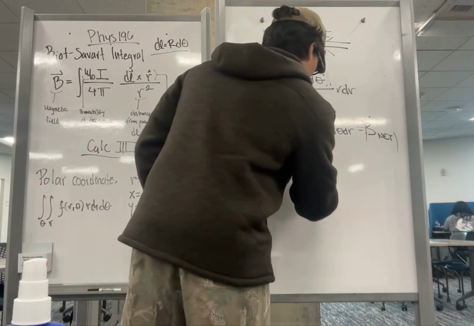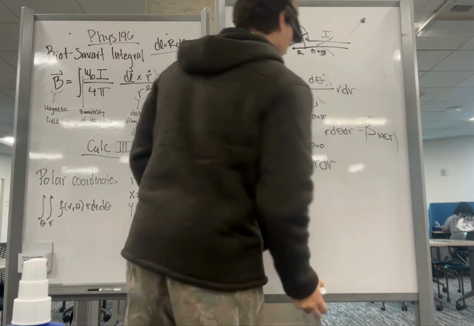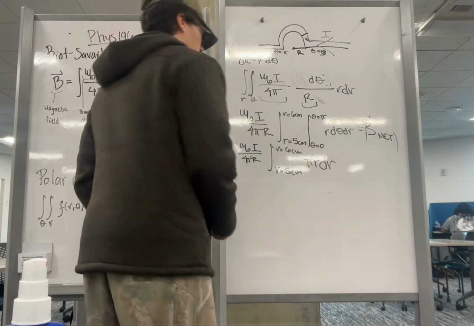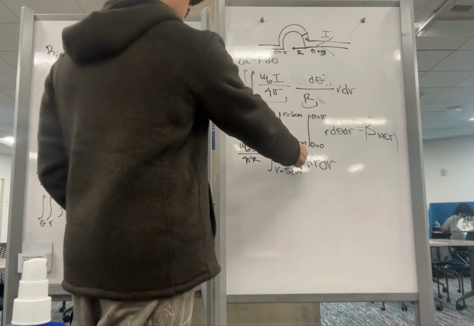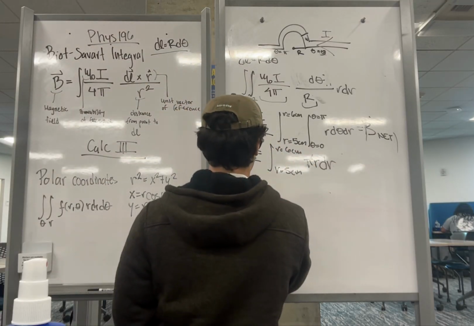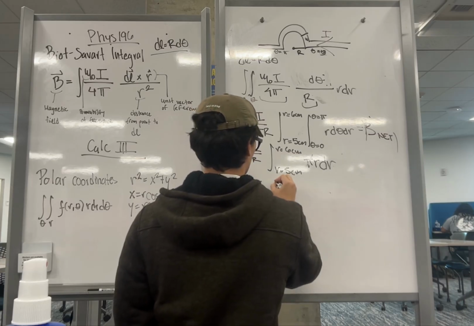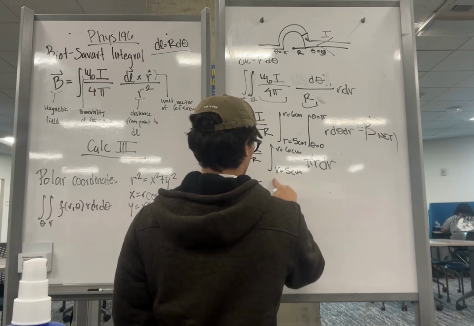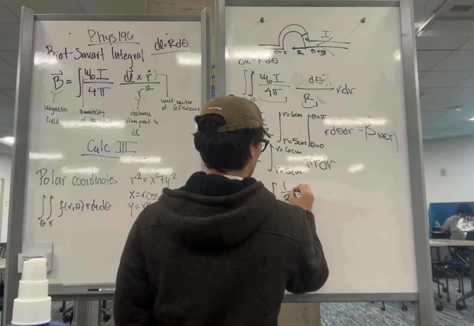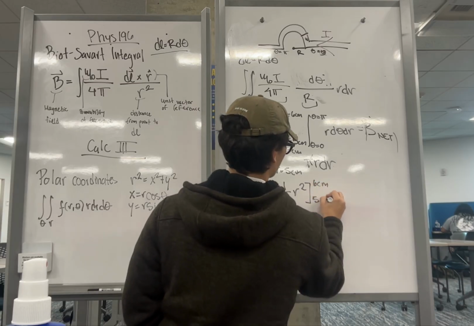Plug in the bounds, you just get pi r dr. The pi cancels out with the pi outside, and then you're left with r. Sorry, blanking. One half r squared, from 6 centimeters to 5 centimeters.